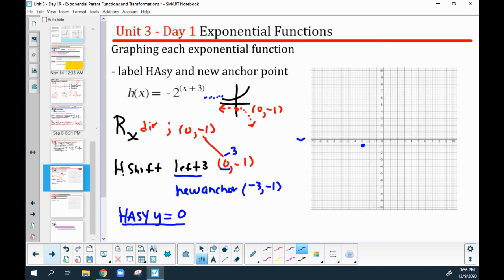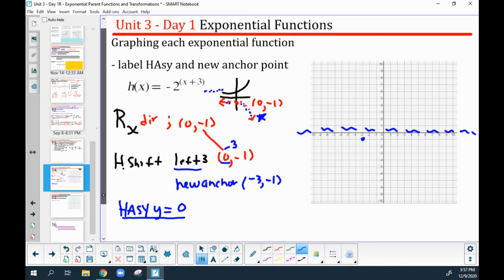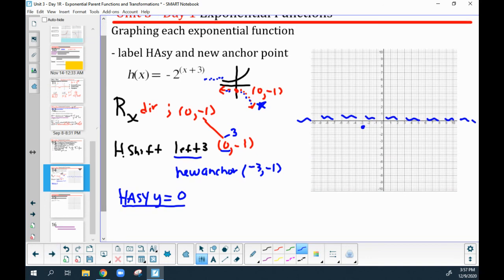So let's get that back as a guideline. We're not going to cross that. Our direction, remember, goes the other way because of that reflection. So I can see that it's going to be shaped a little bit like this, but go specifically through -3, -1. And let's find our y-intercept right now so that we can see what's going on.